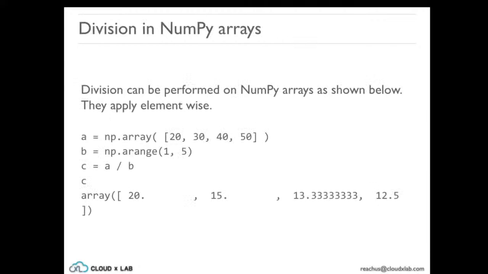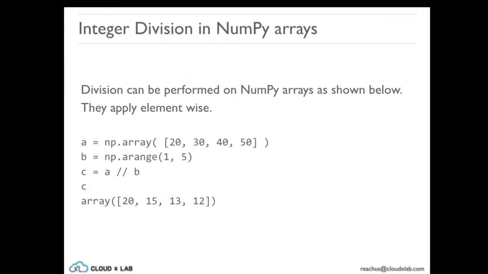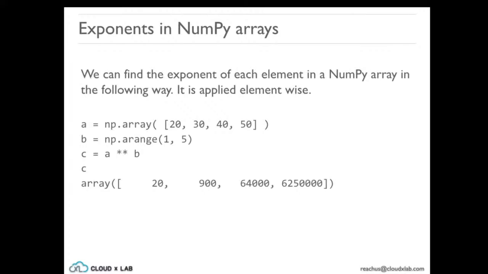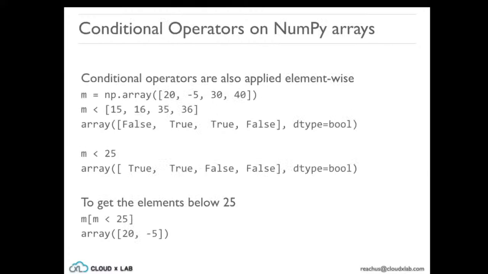We can do division, we can do integer division, which just gives us the quotient, or we can do the modulus or remainder operator, which just returns the remainder from an element-wise division. We looked at exponents. And then we're going to also look at what are called conditional operators.